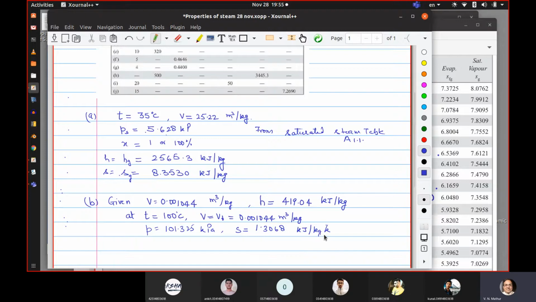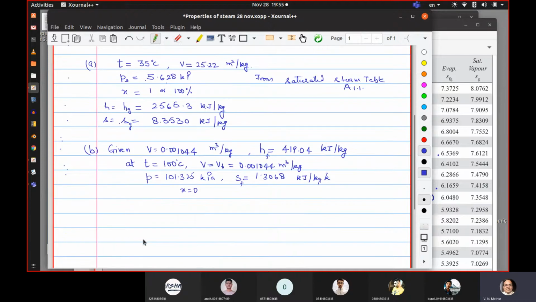And it's fluid, so dryness fraction is 0. So x is equal to 0. So these were simple problems. Let's move to the third part.